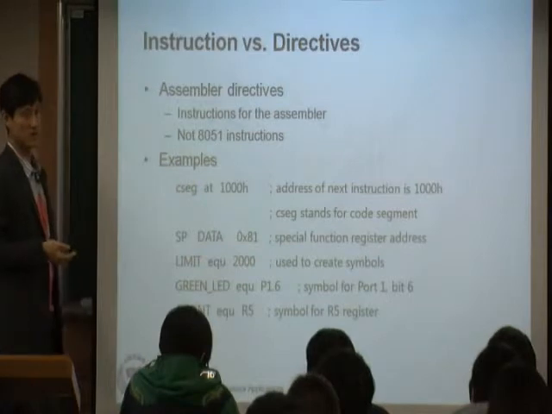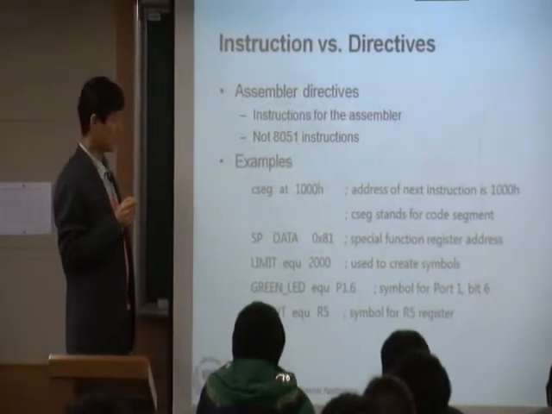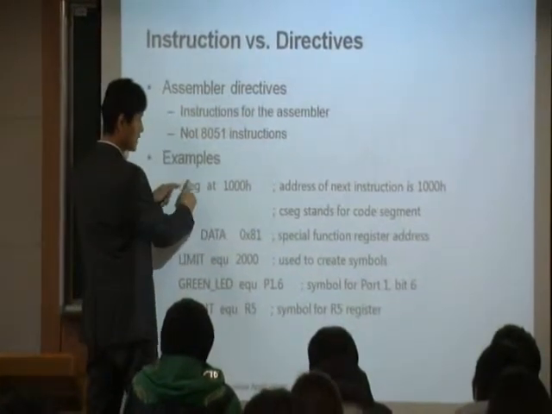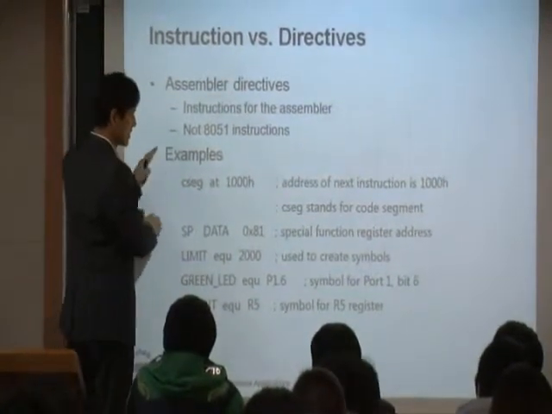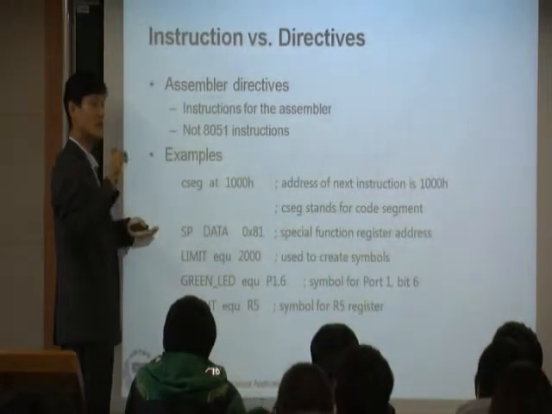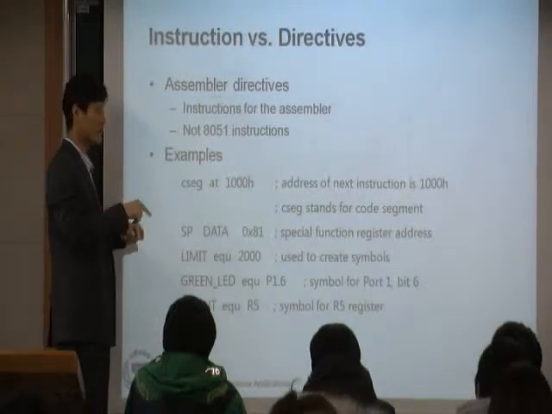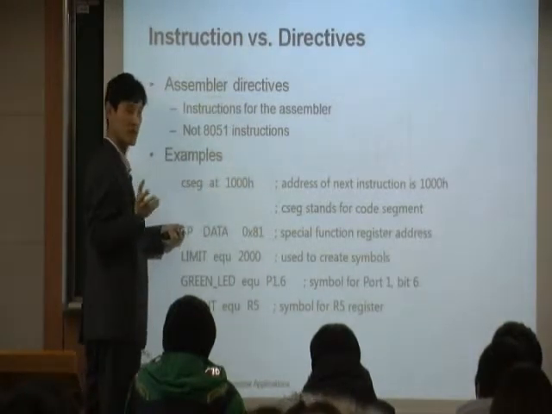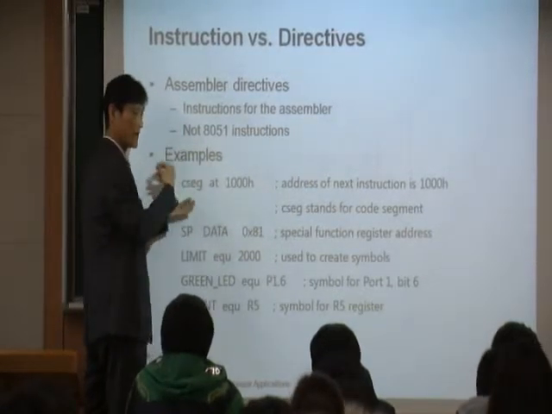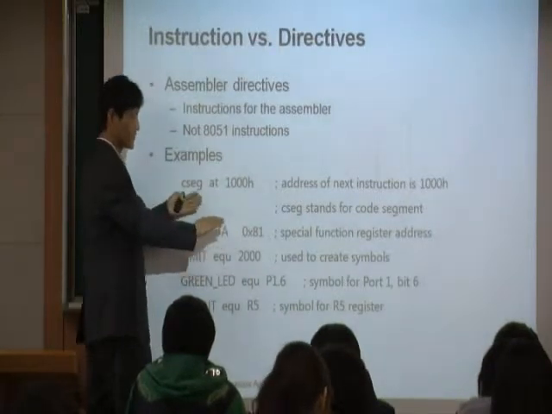These are directives. And is it similar to the program counter? No. The program counter, okay, this one just defines the lower boundary of your code. Maybe initially when you power up, this value is the same as PC, the program counter. But when you execute line by line, this is the baseline, the base address of your code.